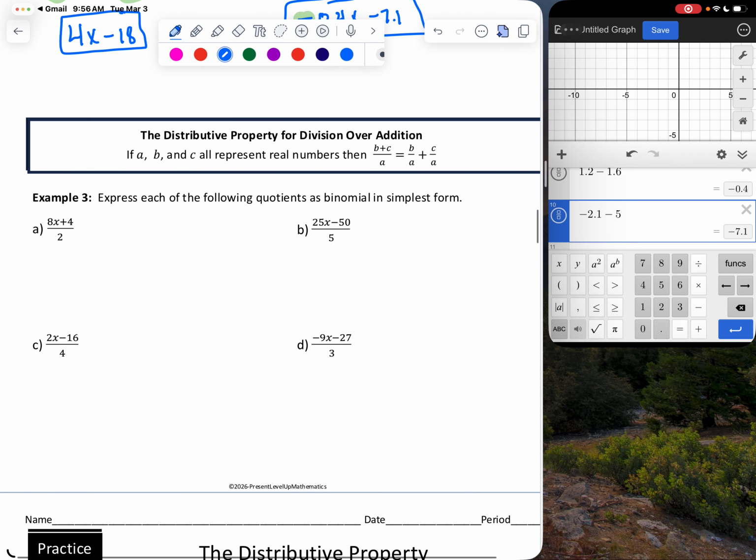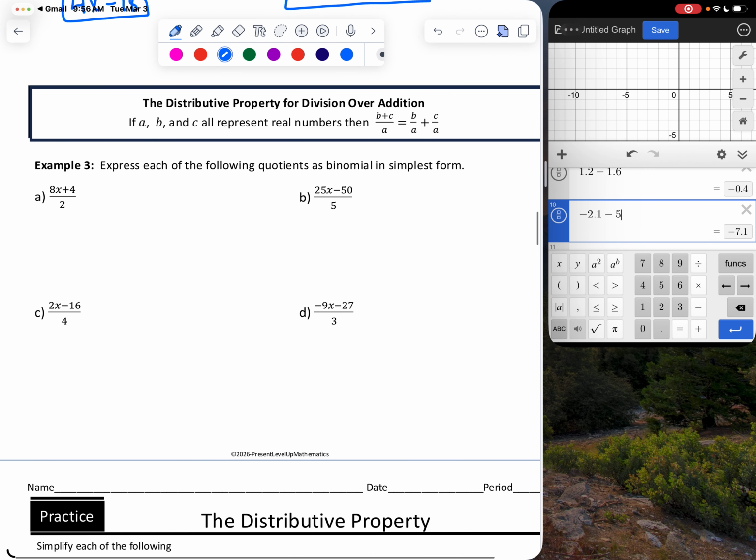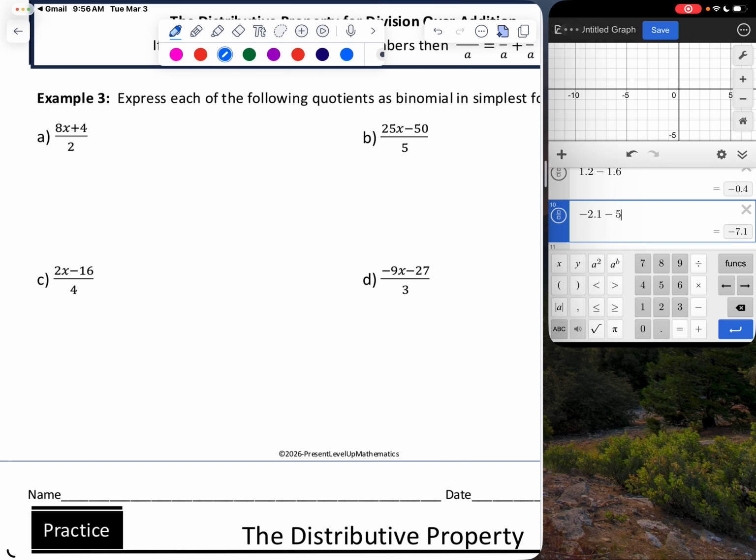All right, in example 3, we can also use the distributive property if we have a division problem. So in this problem, it says if A, B, and C all represent real numbers, then B plus C divided by A is the same thing as B over A plus C over A. Now, let's talk about what that means in the real world.